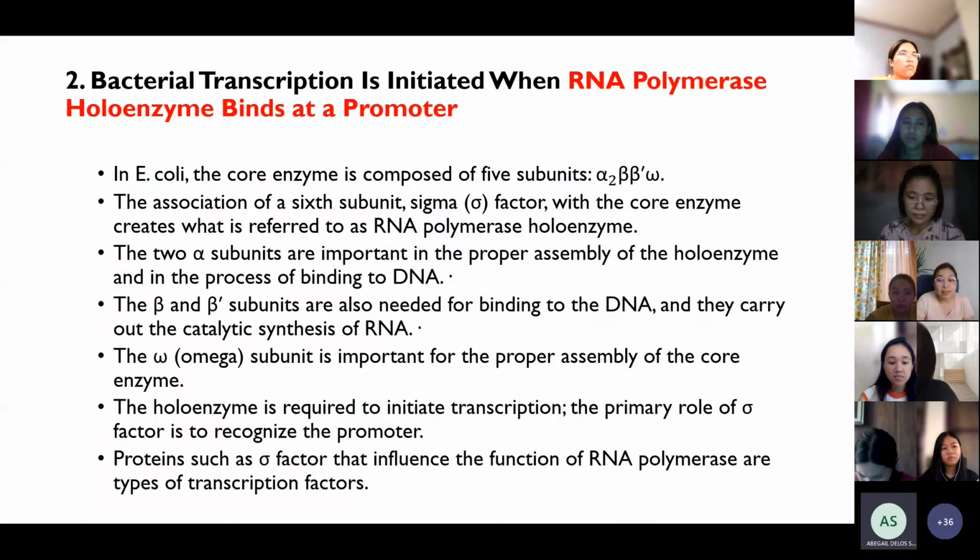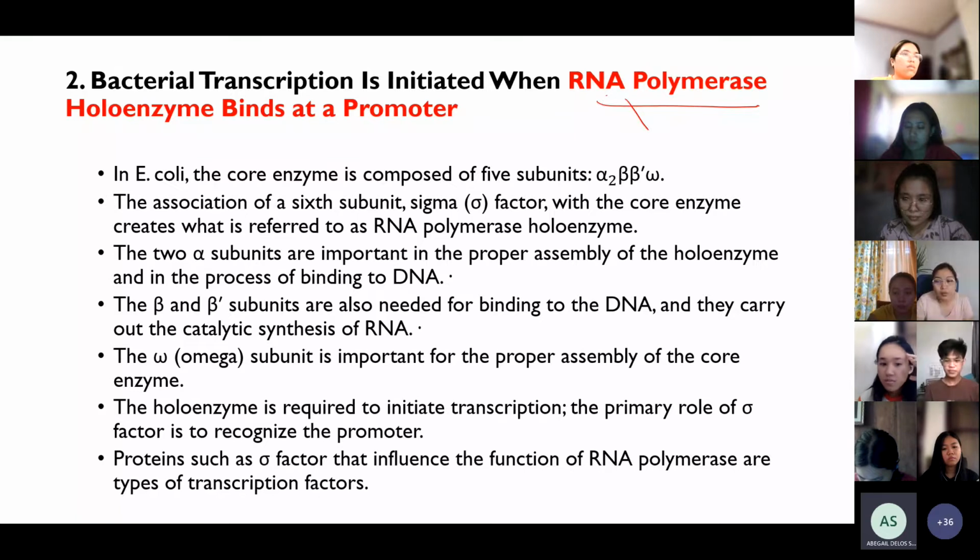The enzyme that catalyzes the synthesis of RNA is the RNA polymerase. In E. coli, the core enzyme is composed of 5 subunits. You have your alpha, your beta prime.